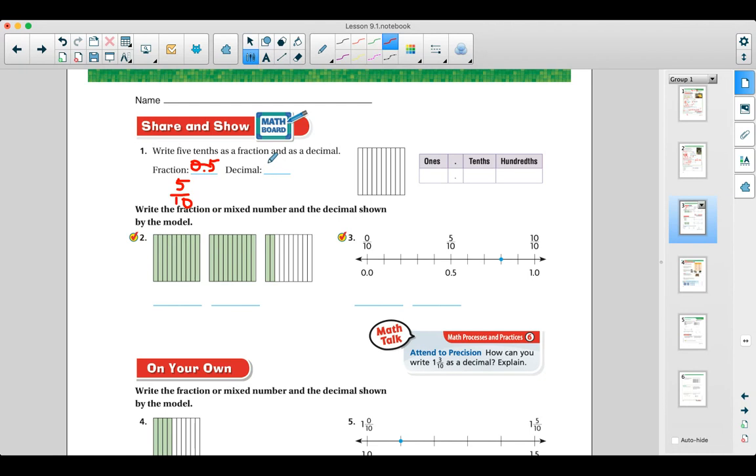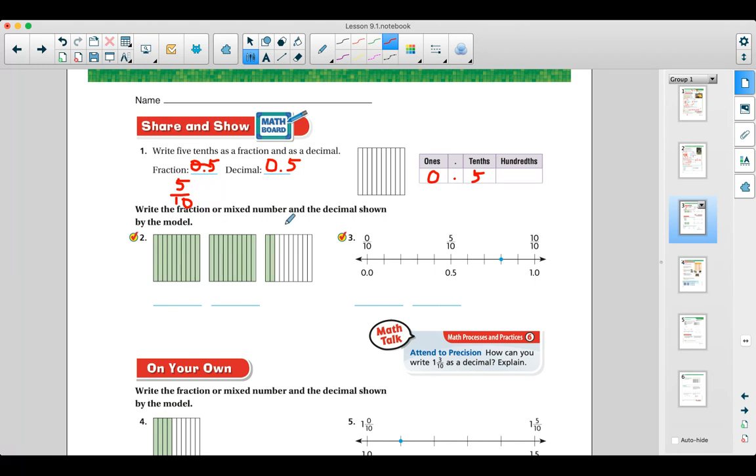And now write it as a decimal, 0 whole numbers, and 5 in your tenths place value. 0 ones, 0.5 is in the tenths. 5/10 is equal to 0.5.